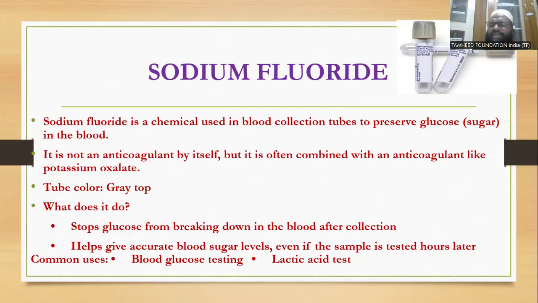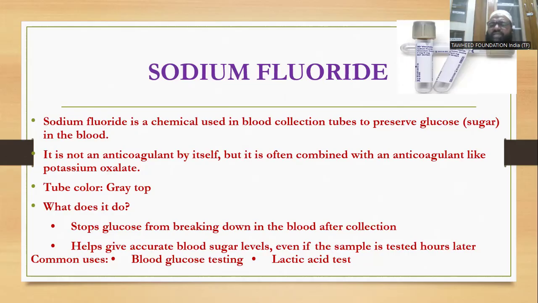What does it do? It stops glucose from breaking down in the blood after collection. So normally what will happen? If you collect a blood glucose sample in a red color tube, or yellow color tube, yellow color sometimes it's okay, but coming to the red color tube, the blood glucose level will slowly decrease.